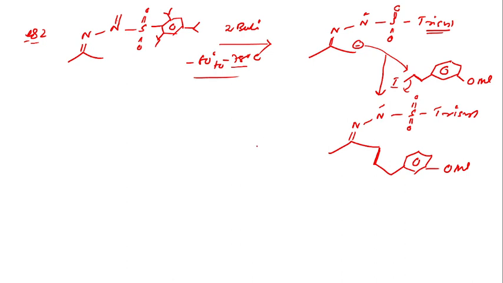Now I have added one more butyl lithium. Then deprotonation will happen from this side. As a result, this is double bond N, this is N minus, this is double bond O, and this is how I write it.